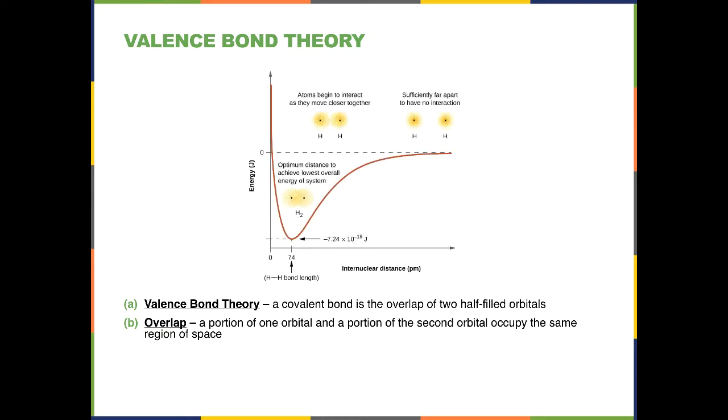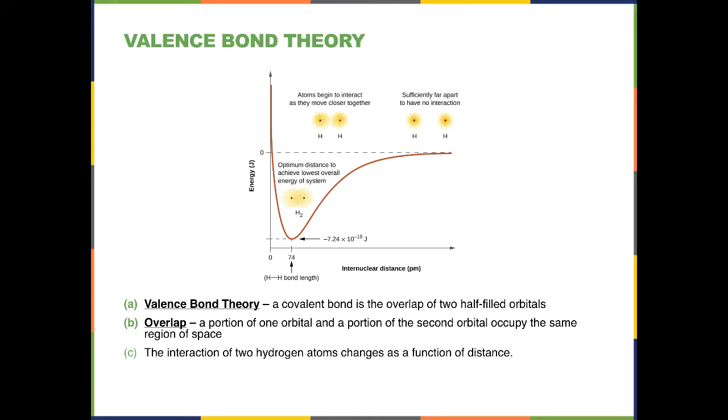Now, how this occurs is that when you have two hydrogen atoms, and if you look at the right here first, you see that they have a fairly significant distance apart from each other. And as they come closer together, there's still no overlap, but there's an attraction or an interaction that begins to occur, and the energy level begins to fall.